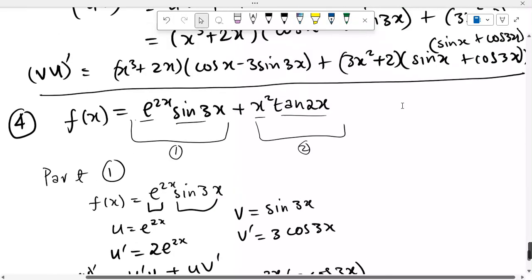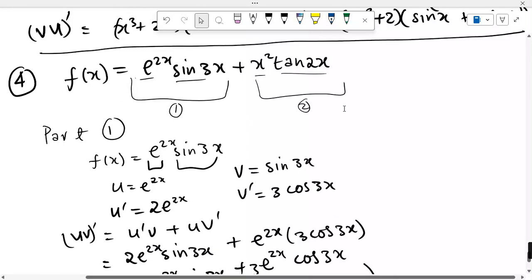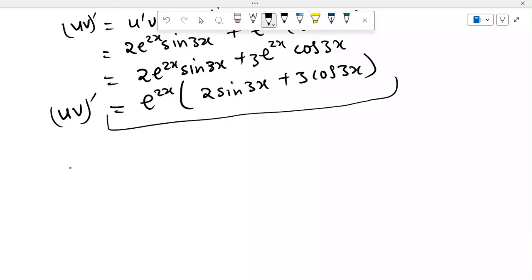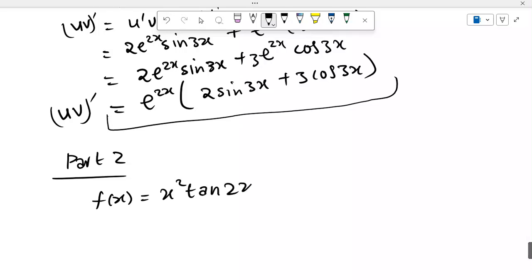Okay, so now let's go to part 2. Part 2 is x squared tan 2x. Let's say our f of x this time is x squared tan 2x.